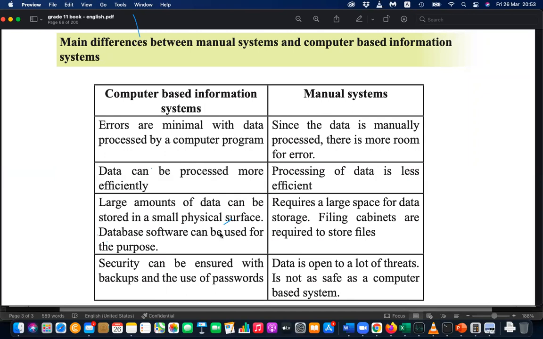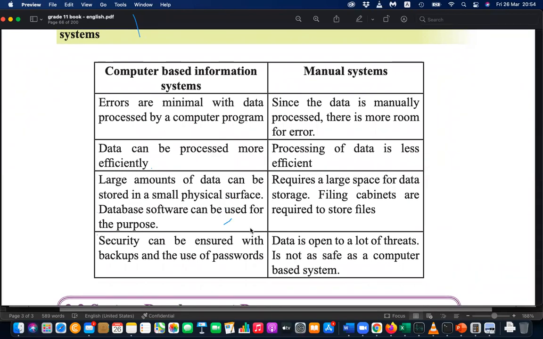The entire library, the biggest in Southeast Asia, was vanished. That could have been saved if it was an electronic library, because it is easy to keep a backup. But in a manual system, it's very difficult to keep a copy or backup, so we lose it. In an electronic system, it's possible to keep a backup. Those are the things you should know when comparing manual systems and electronic systems.